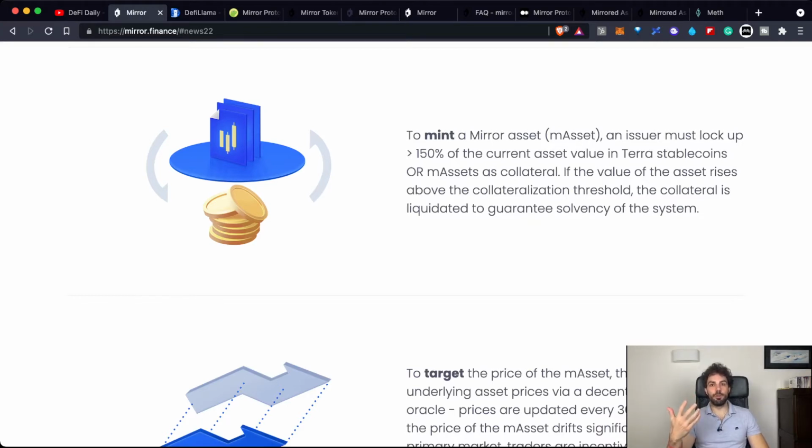In the near future we will also be able to use this kind of asset, for example, to borrow more cryptos. So let's say you want to keep your exposure to Google, but at the same time you want to stay liquid, to have more liquidity to invest in other cryptos or to do something else on DeFi, farming or whatever.